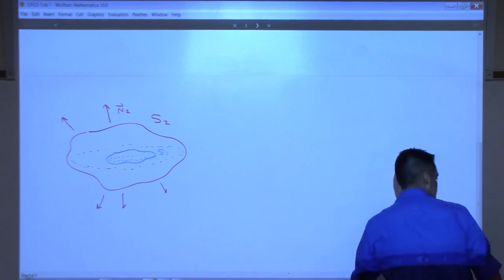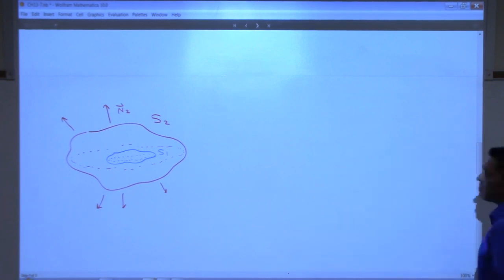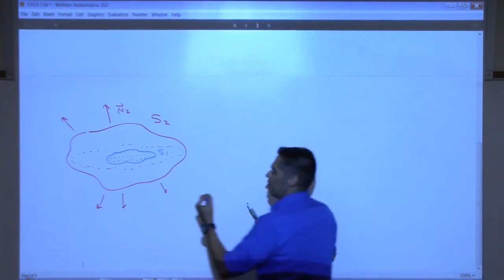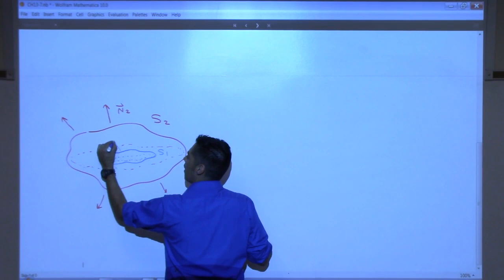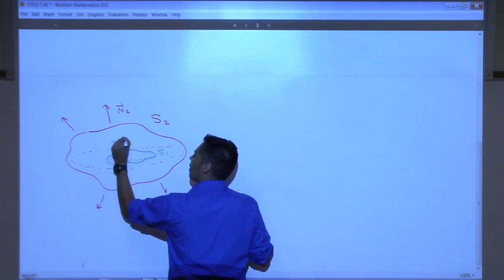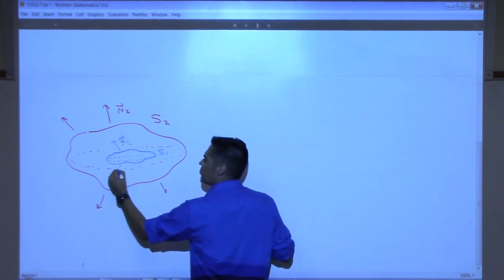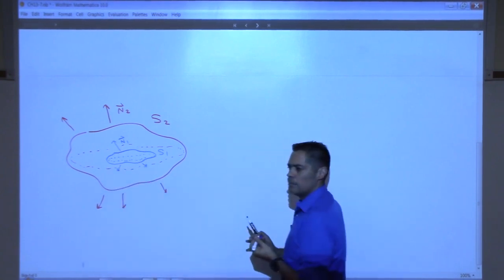The normal vectors for S1 in standard position would point away from the solid also, right? So the normal vectors for this one would point away, like that, yes? And there's more on the other side, and they're pointing away from the solid. With me?